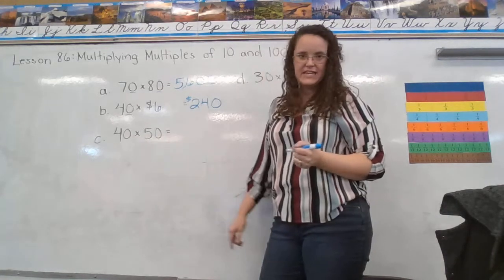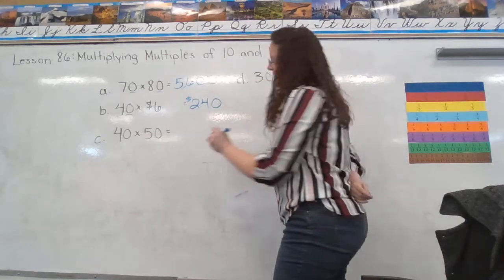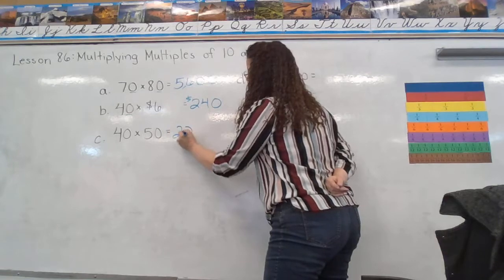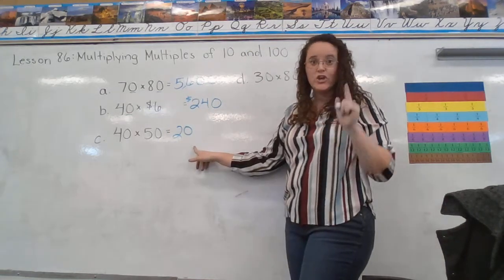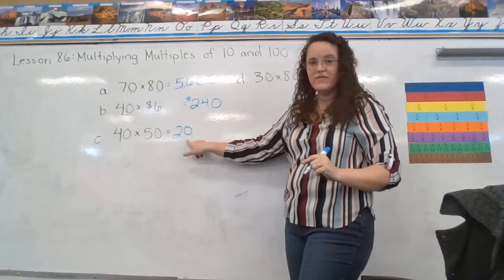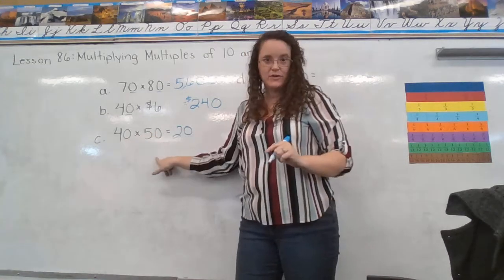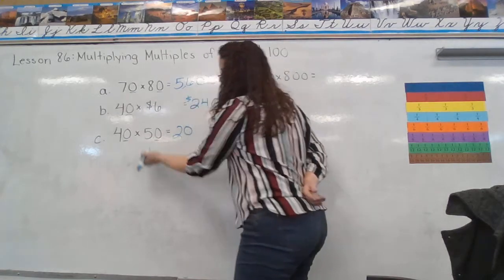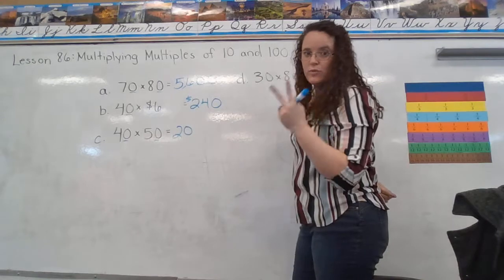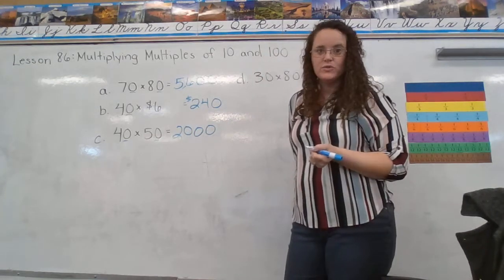40 times 50. What is 4 times 5? This one's a little different. 4 times 5 is 20. Do not count this 0 when you're tacking on these zeros. Here we have 20 plus I need to add 2 more zeros for an answer of 2,000.